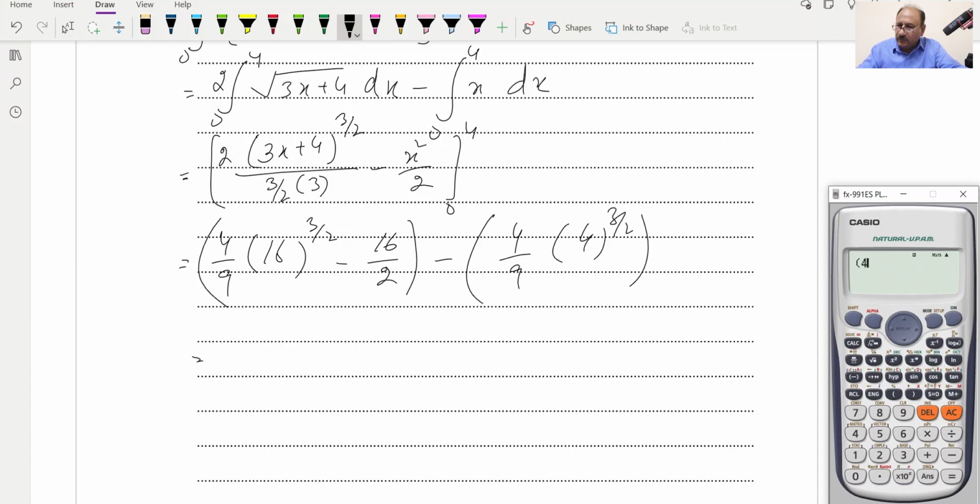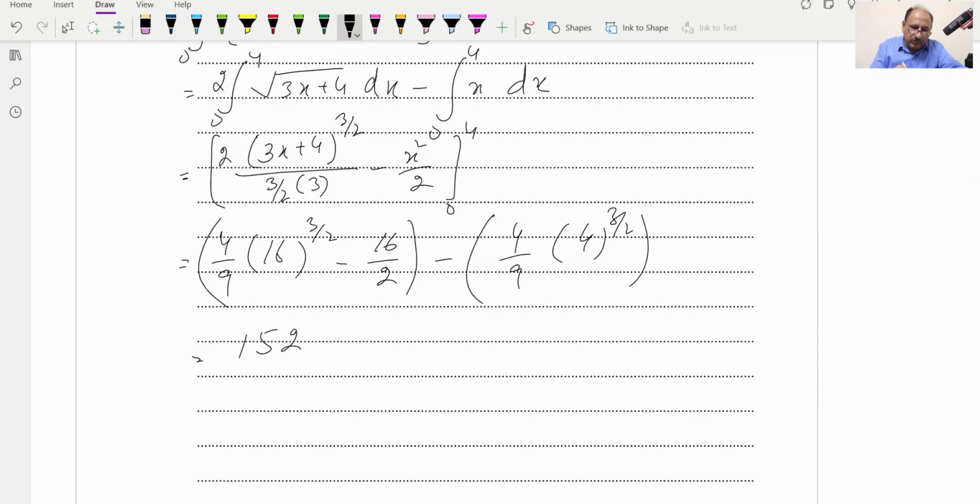It will be 4 over 9 into 16 raised to the power 3 over 2, minus 16 by 2 which is 8, and the bracket is closed, and minus the next bracket, 4 over 9 multiplied by 4 raised to the power 3 over 2, and the bracket is closed, and once more closed. This is equal to 152 over 9.